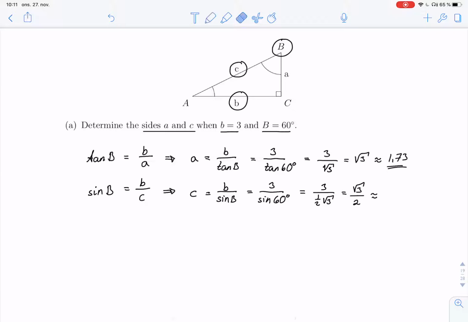No, not square root of 3 over 2, sorry. We need to multiply with 2, so we get 2 square root of 3. That would be 3.46 approximately.